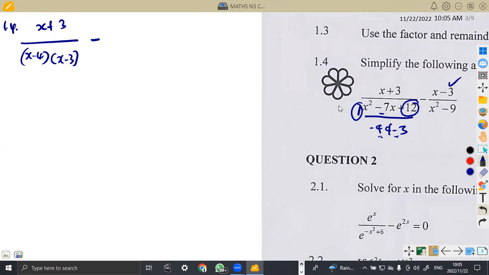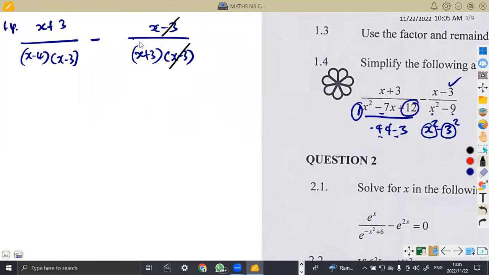Minus, on top, we've got x minus 3 over x squared minus 9. That's a difference of two squares, x squared minus 3 squared. So we've got x and 3. So we know that one bracket is going to add, another one is going to subtract, x plus 3, x minus 3. So from these two brackets, we can actually cross-check. These two can cancel, x minus 3, x minus 3.